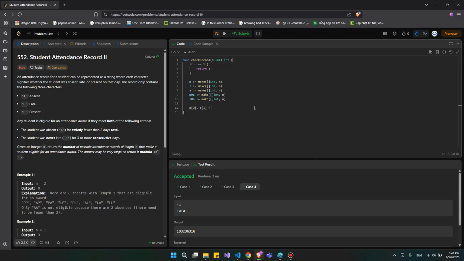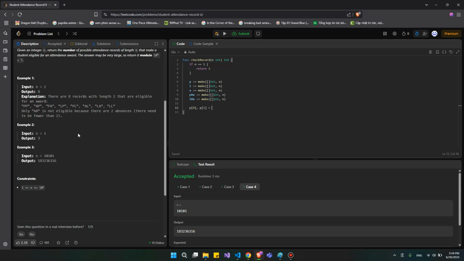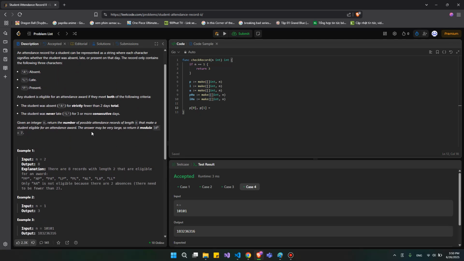I think for green we are easier to think, and we need to select one here.